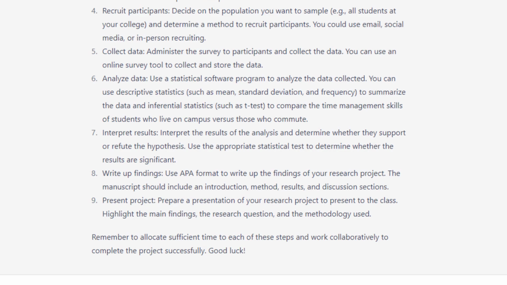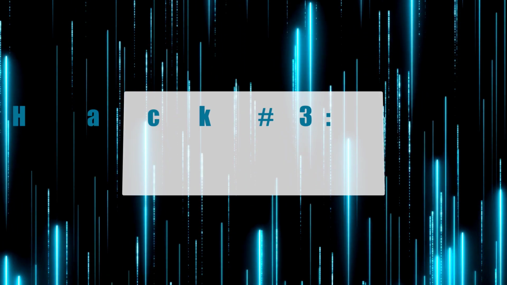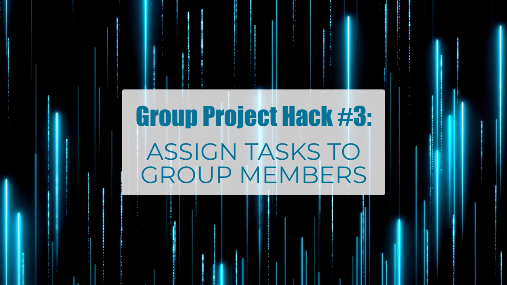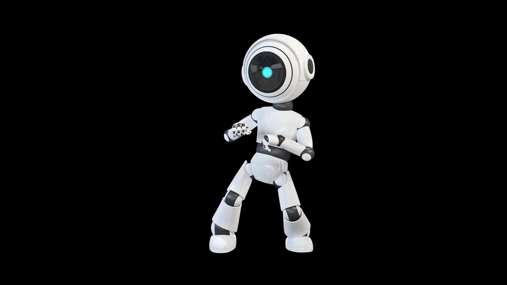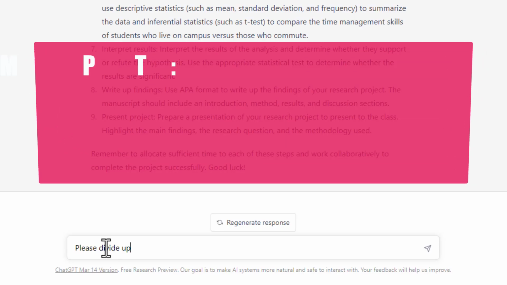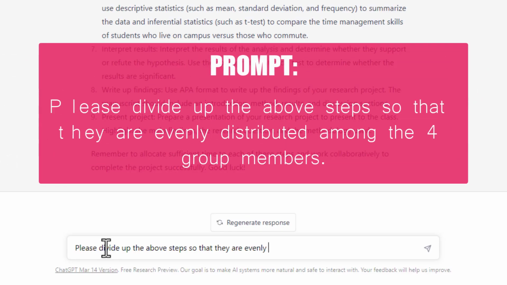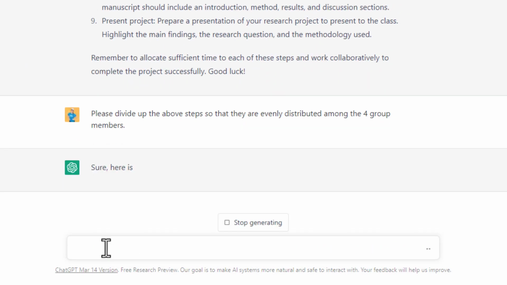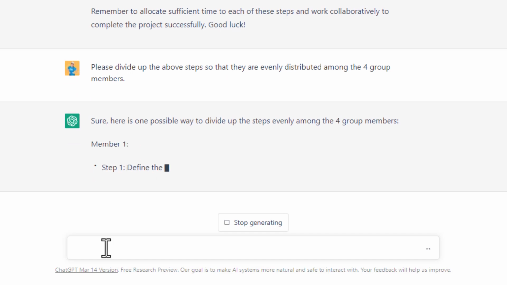Group project hack number 3, using ChatGPT to assign tasks. So deciding who does what in a group project is another thing that can be thick with tension. Why not have an unbiased robot randomly assign tasks to members? Now, ChatGPT does not necessarily know how much time or effort is involved in each task, so this is just a neutral starting point.